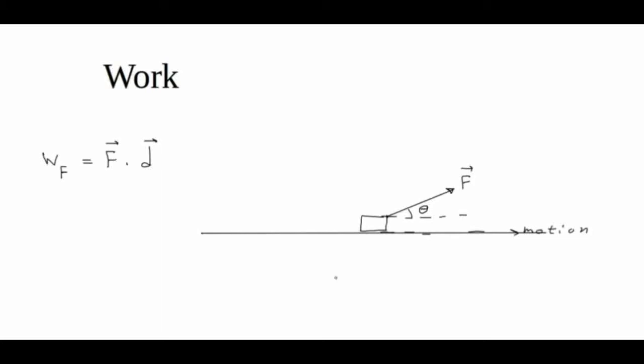Now, if the displacement vector of the object is this vector D, the work done on the object by this constant force is W index F, that is equal to the magnitude of force times magnitude of displacement vector times cosine of theta.